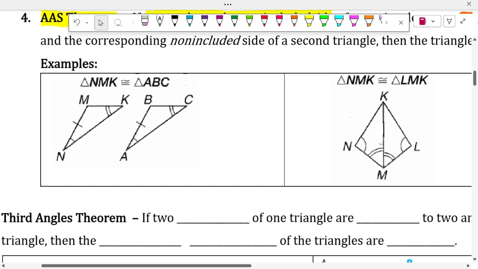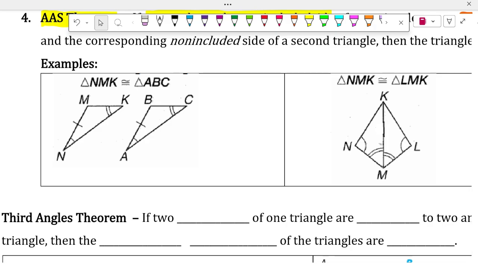So, like I said, pick something that doesn't have anything congruent on either side of it, or pick the one that looks like it's out of place a little bit. For this one, this would be angle, angle, side because we have a congruent angle, another congruent angle, and if you look, the side is only next to one of the angles.